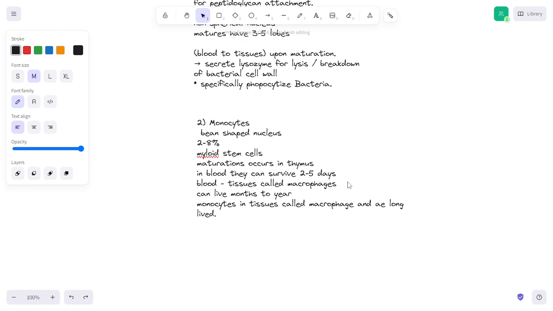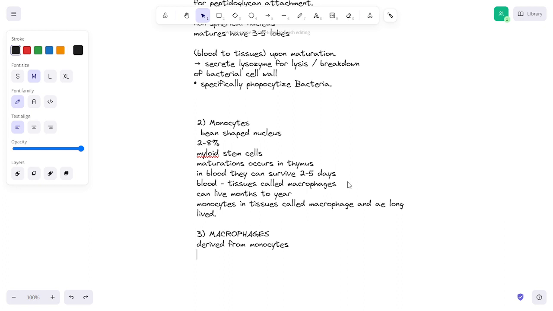Now we are discussing macrophages. So macrophages are derived from monocytes and are involved in phagocytosis of foreign particles, foreign cells in the tissues.